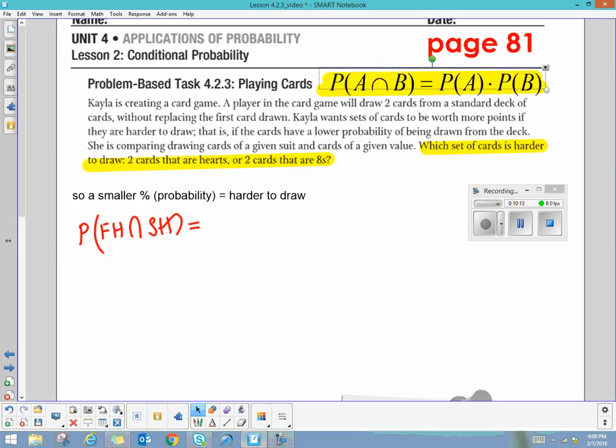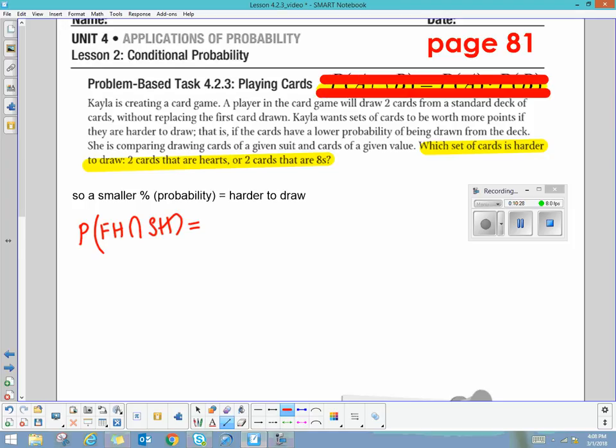So I am actually going to delete that. All right, so we want to calculate the probability of picking first a hearts card, and then times the probability of picking a second hearts card, given that the first one was hearts as well.